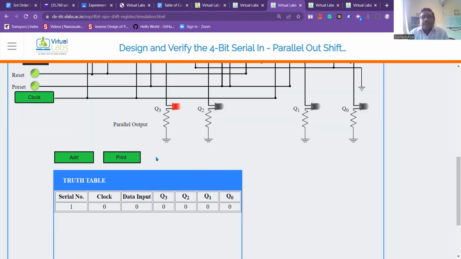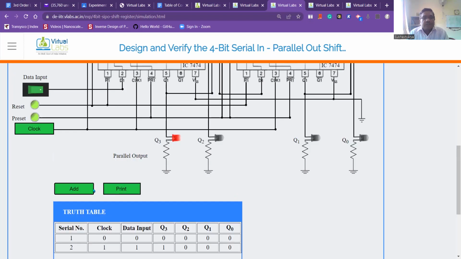Now the output of these flip-flops is entered into the truth table by adding. You can see clock 1, data is 1, Q3 is 1, and the rest are 0, 0. After that, again I want to put 1.